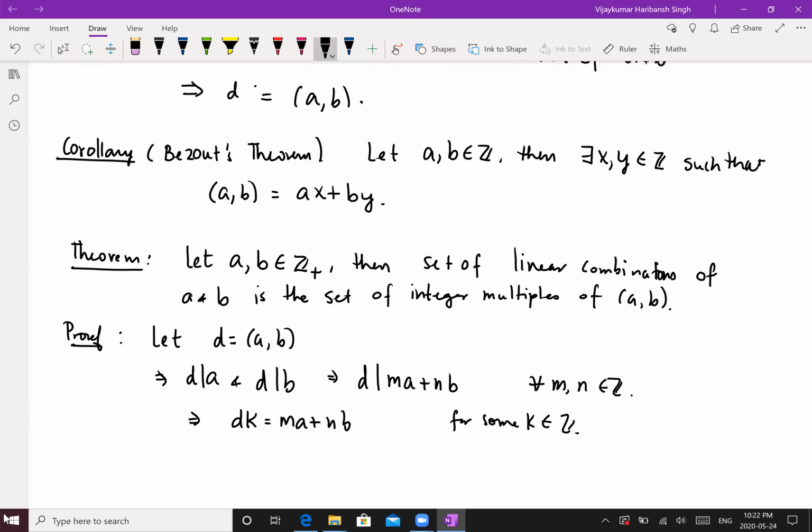What have we shown? If D is a GCD, then D would divide any linear combination. We have shown that any linear combination is a multiple of D.